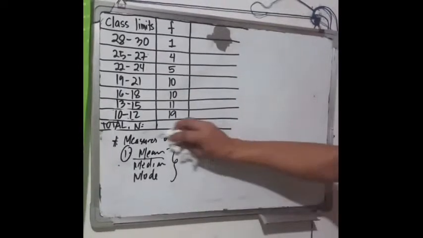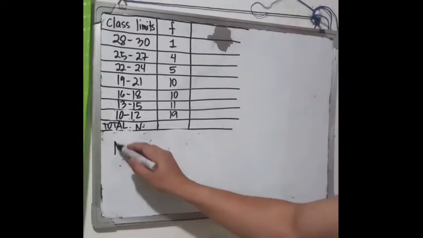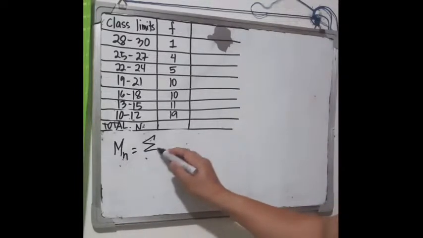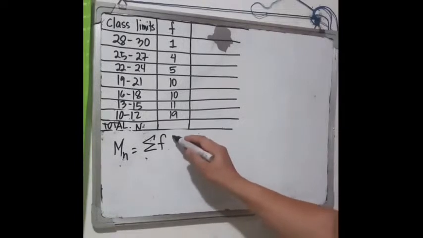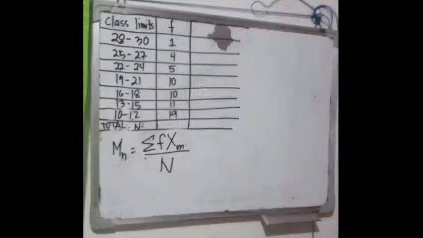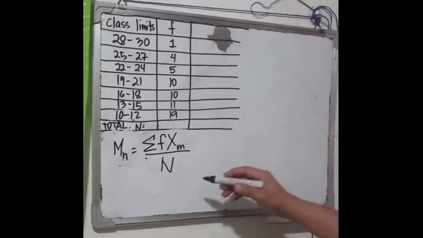So the formula, let's remember the formula, it is important. That is mean equals, the symbol for mean equals summation of f times x sub m over n. Okay, that is the formula on how to find the mean from group data.